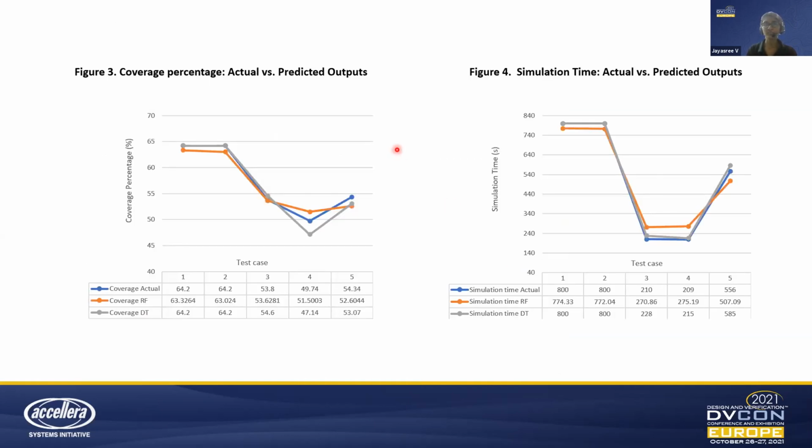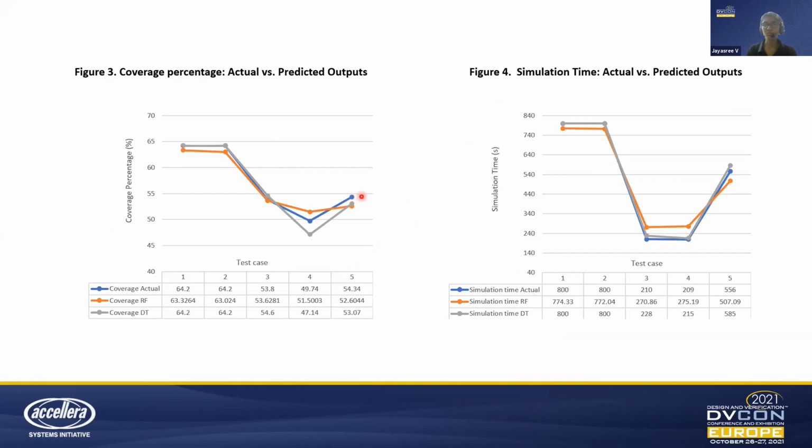The figures here provide a graphical representation of the actual and the predicted outputs of the ML model. In both the figures, the x-axis represents the test case. In figure 3, the y-axis represents the coverage percentage, and in figure 4, the y-axis represents the simulation time.